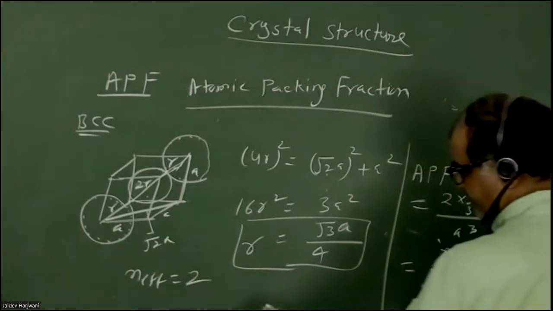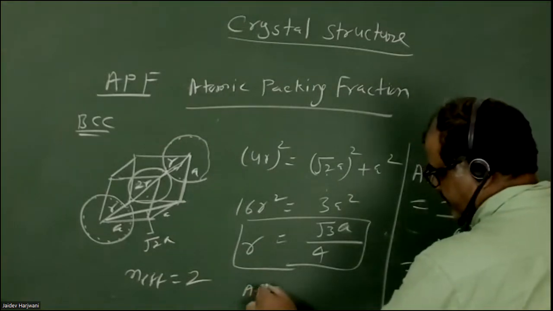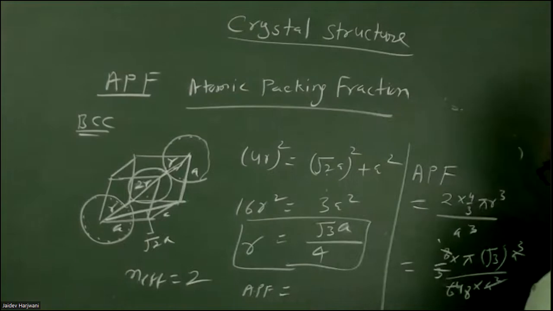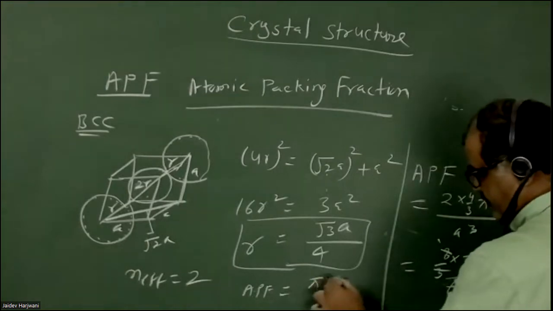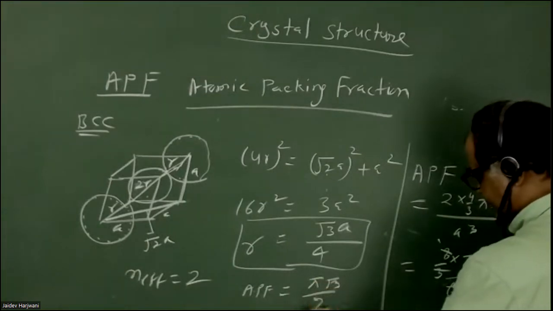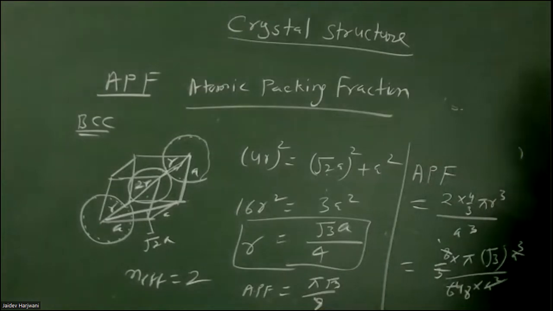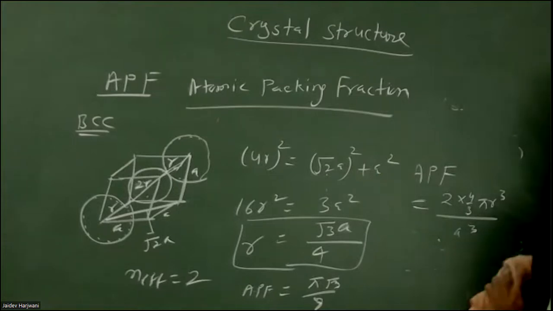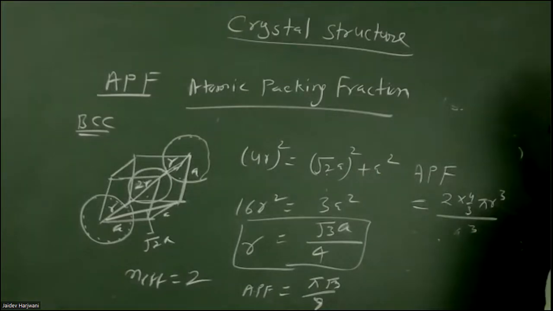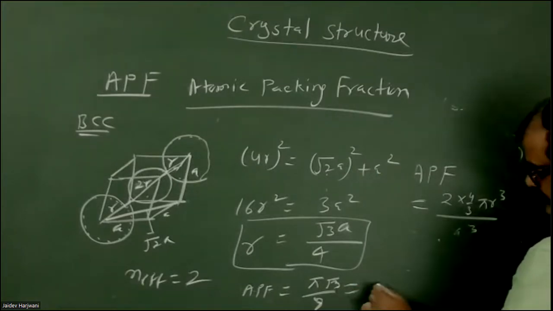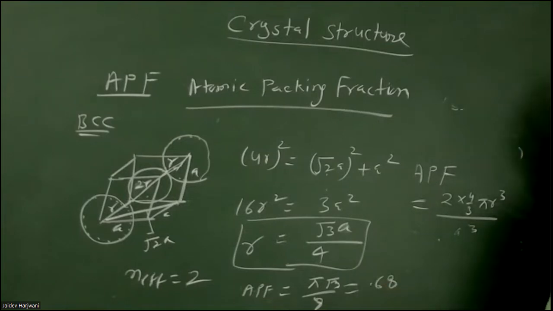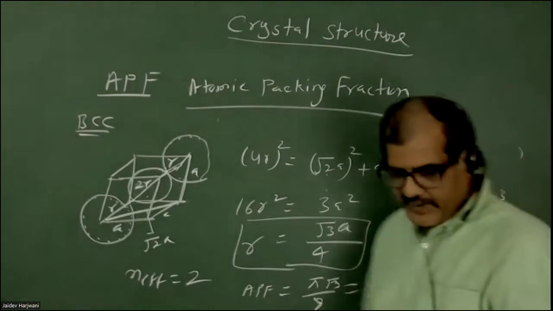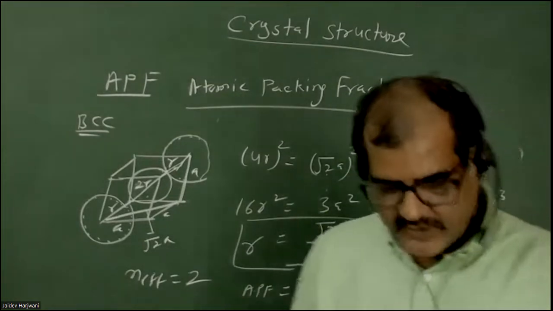So the APF equals pi root 3 by 8. If you solve this, how much is it? 68%. This will come 0.68, or 68%. So it's a better one, better than simple cubic.